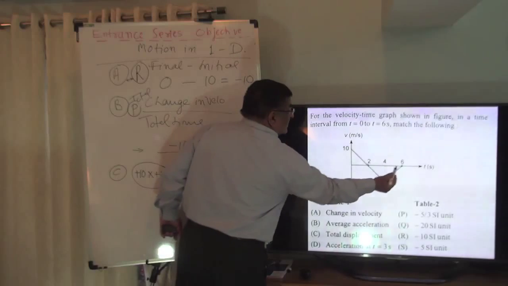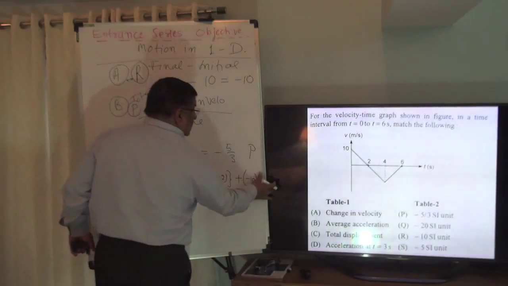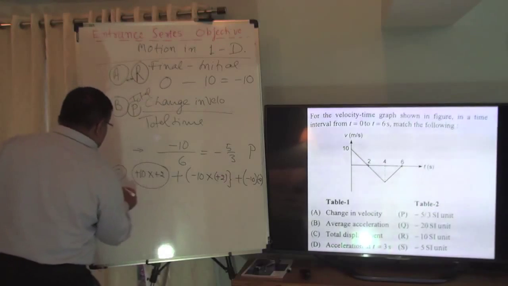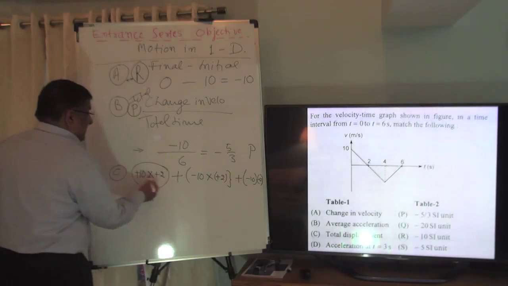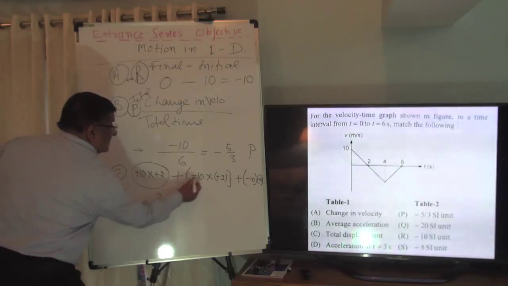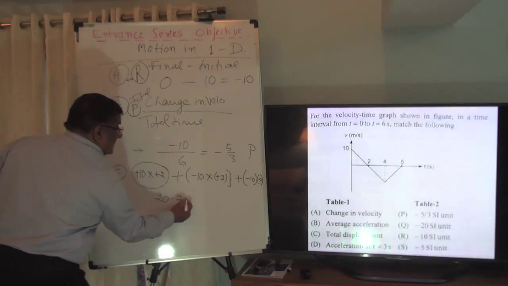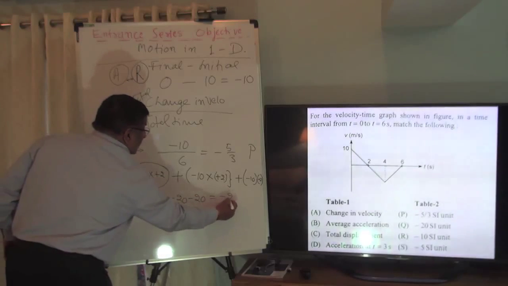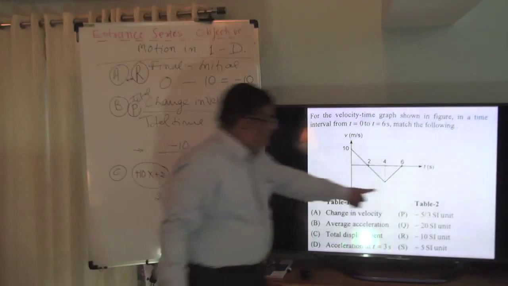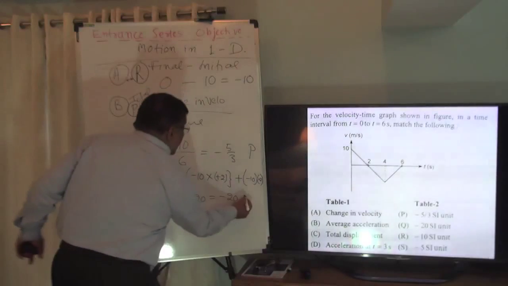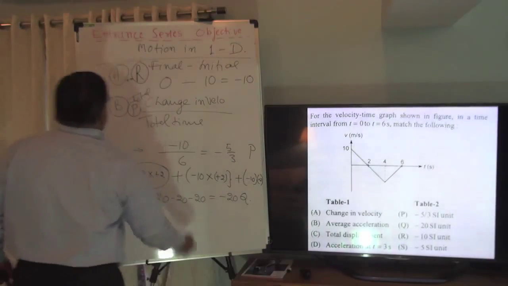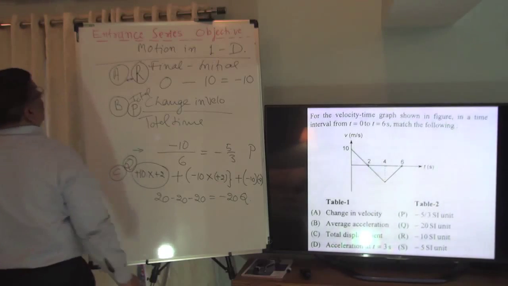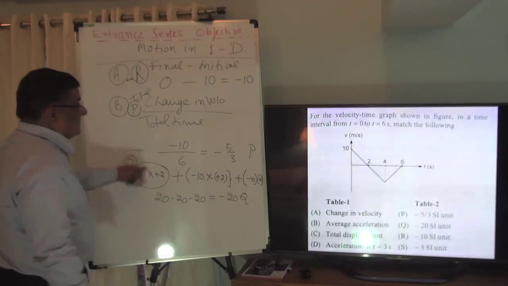From this place to this place, it is only plus 2. So this is to be multiplied by plus 2. Now this is 20 minus 20 minus 20. So this comes to be minus 20, and here we find it is Q. So C match with Q. A match with R, B match with P, C match with Q.